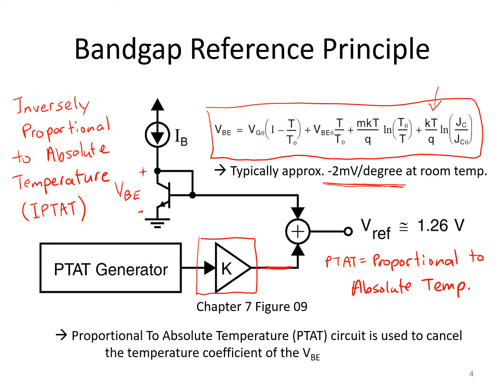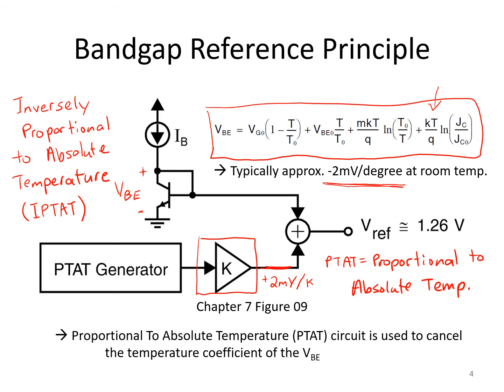So let's say in this case, the IPTAT voltage is -2 millivolts per degree at room temperature. Once you generate a PTAT voltage, you've got to scale it by the appropriate constant K so that this voltage here has a temperature coefficient of about +2 millivolts per degree Kelvin.